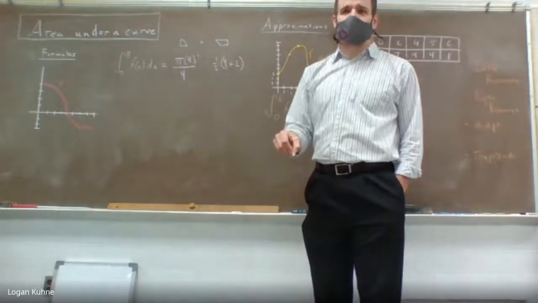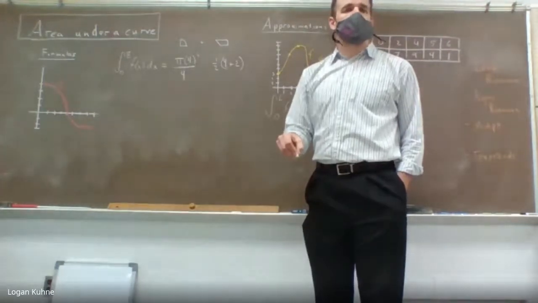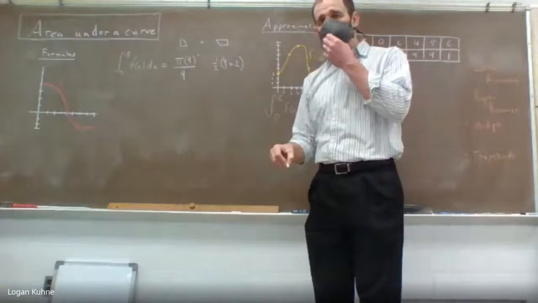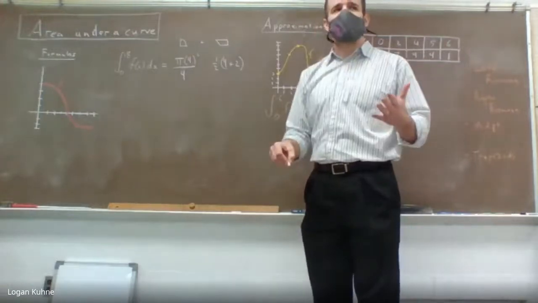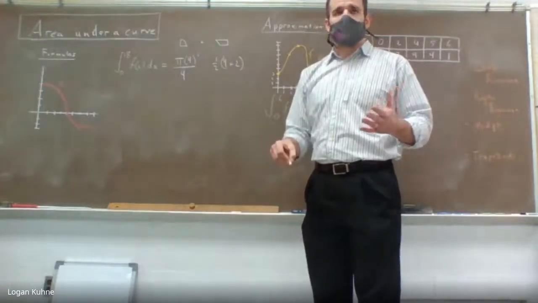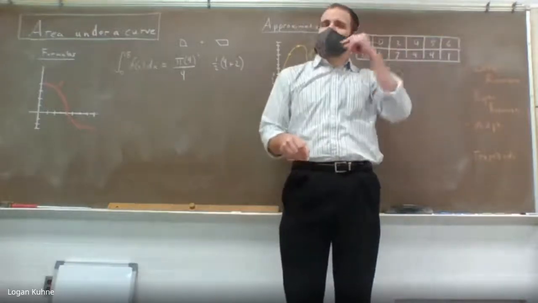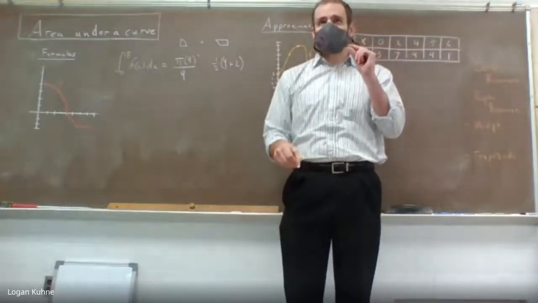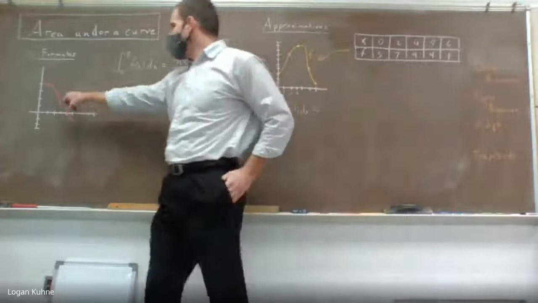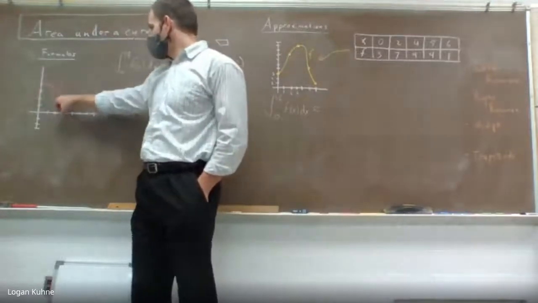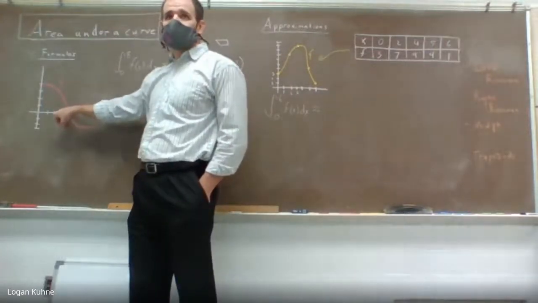It's -3, isn't it? You're going to say, Mr. Kuhne, you can't have negative area. You're correct. We can't have negative area. But if we pause and go back a second, we think about this in terms of velocity. This was velocity. I was going forward, I was slowing down, and then I stopped, right?